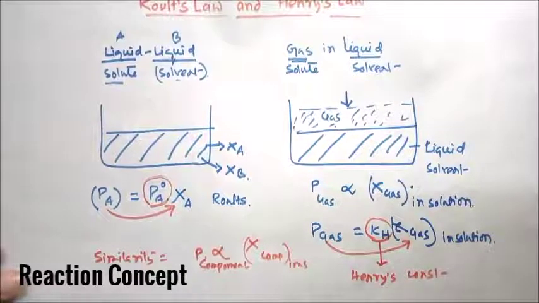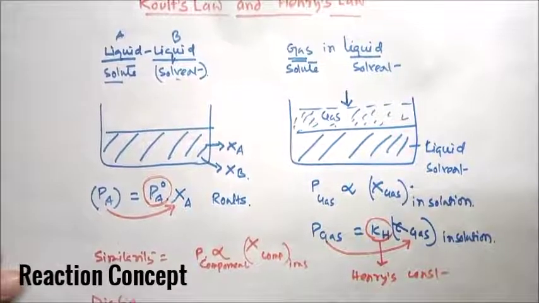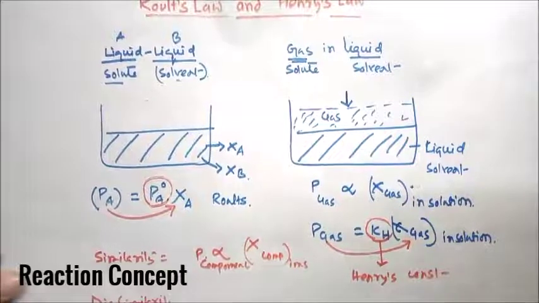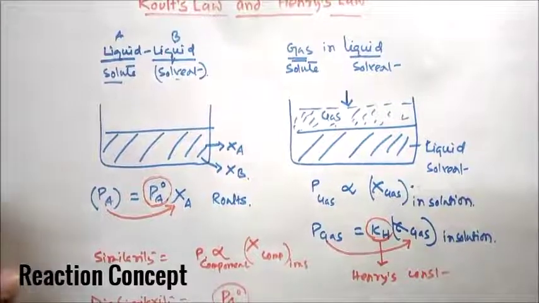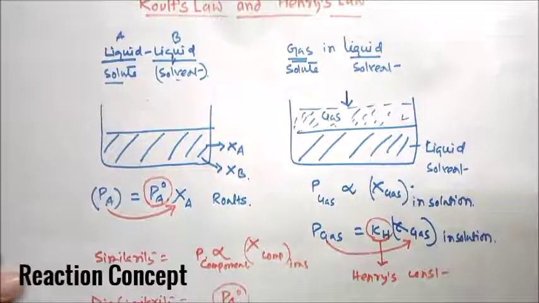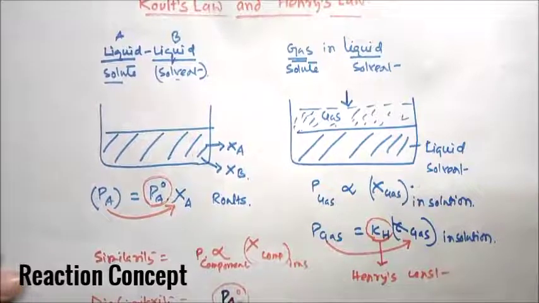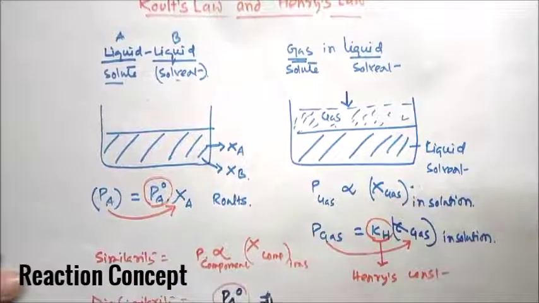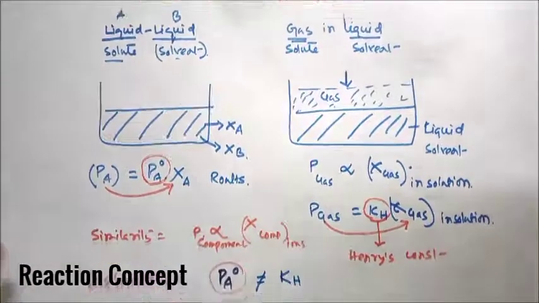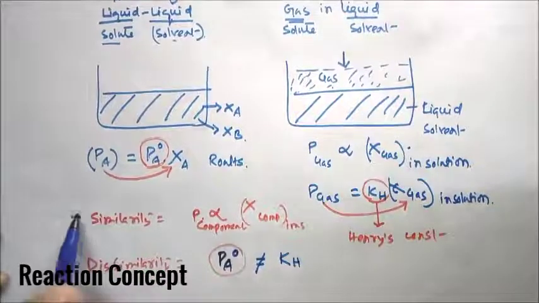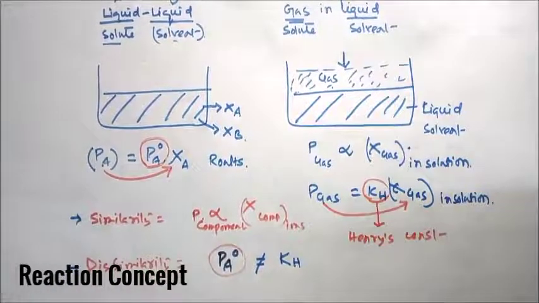If you try to write the dissimilarity, then it will be PA naught in case of Raoult's law is not equal to the proportionality constant, that is Henry's constant of the Henry's law. These are the similarity and dissimilarity between Henry's law and Raoult's law. Okay, now we will discuss two problems based on these two laws.